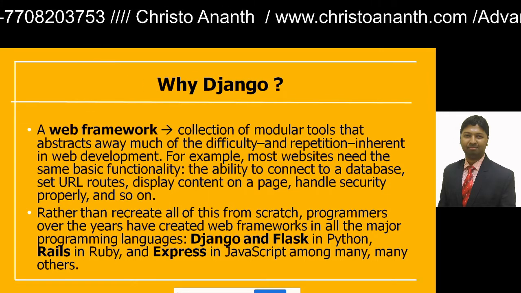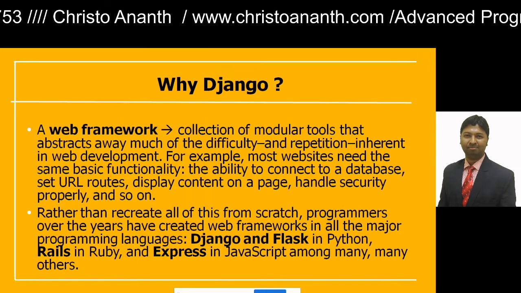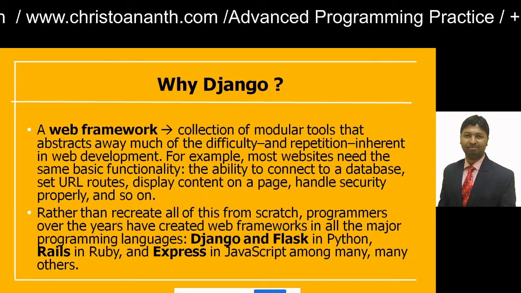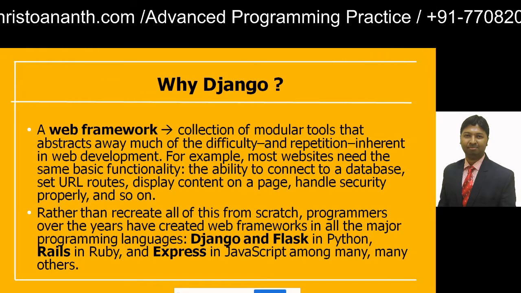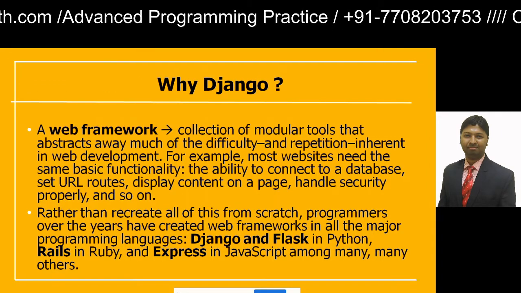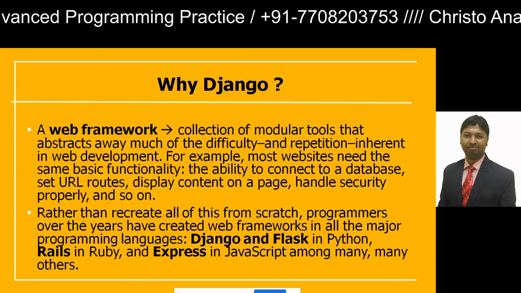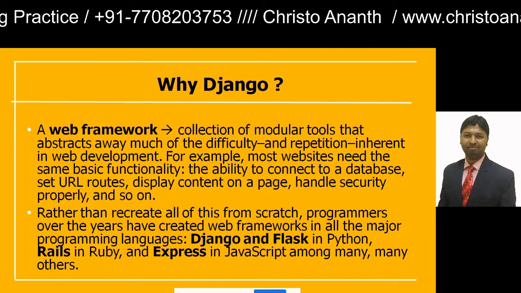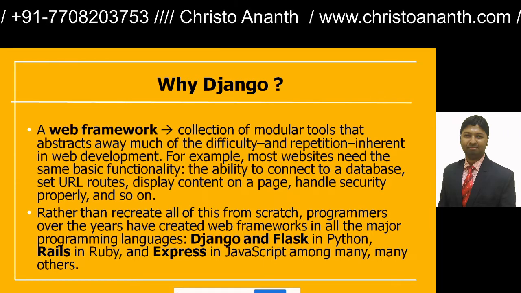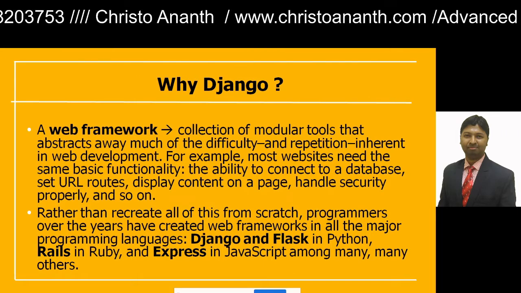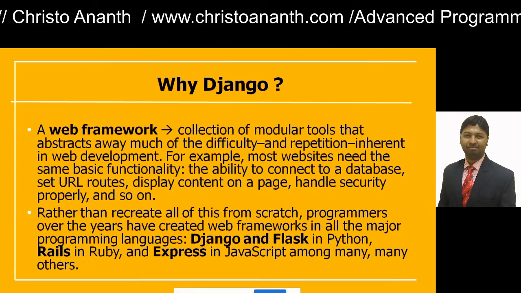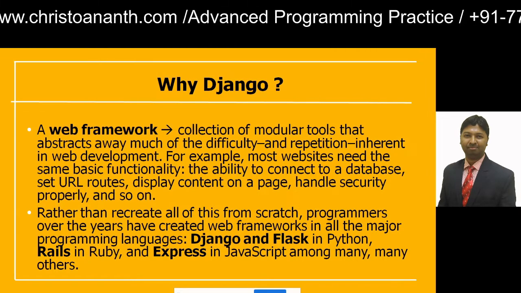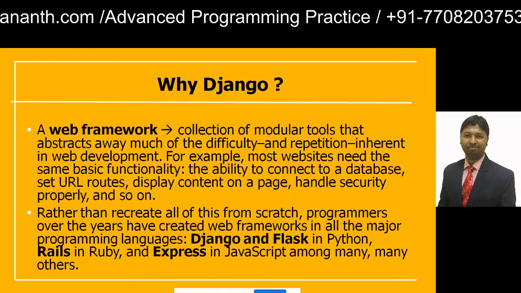Whenever you have the basic functionality features, generally Django is all about connecting to a database, or you can set up the URL routes, or if you have to display the content. For example, if you have a newspaper app, or maybe a Hello World app, it is all about how you try to display the content on a web page, and then the authentication, privacy, and security features that are associated with it.